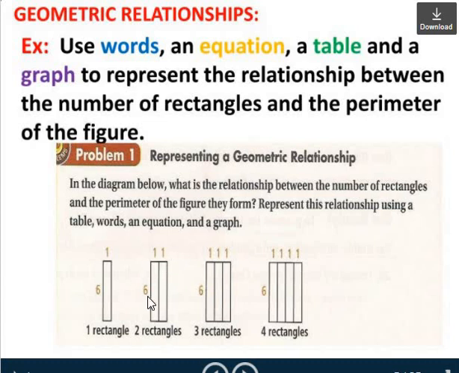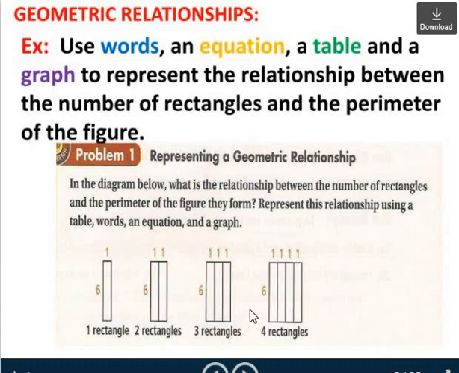Now 2 times the number of the rectangles, which is 2, is equal to 4. And 4 is the sum of the widths of these 2 rectangles, 2 here and 2 here, it's 4.